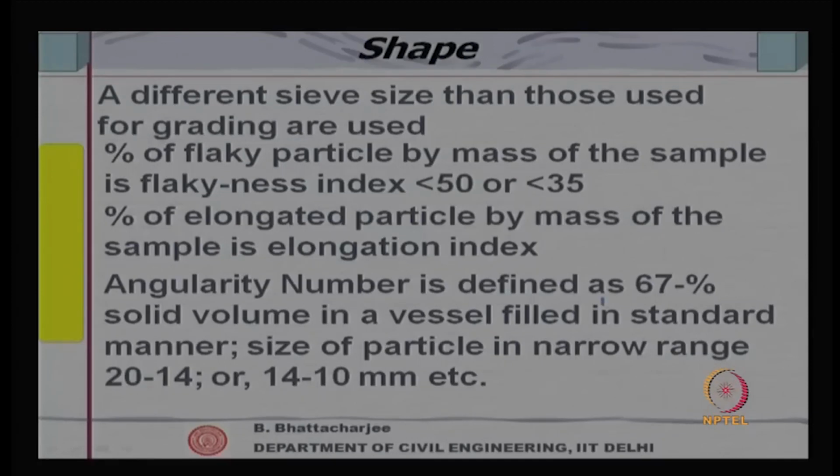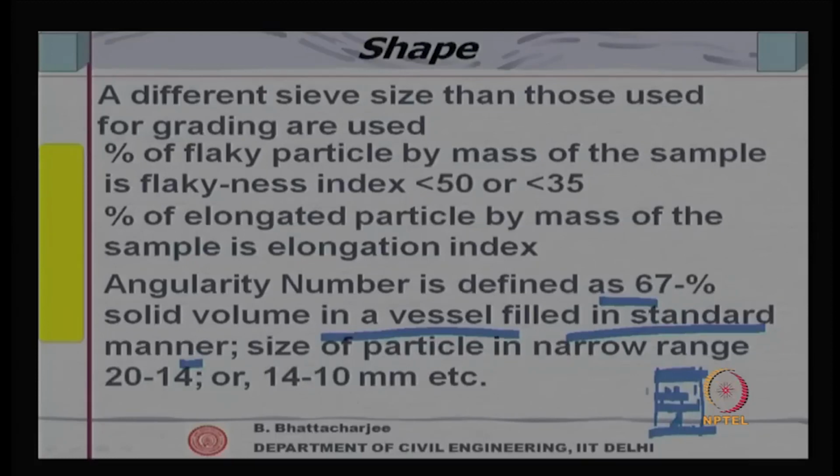Angularity number is defined as 67% minus the solid volume in a vessel filled in a standard manner. This is another definition trying to define the shape. You fill a container with aggregate in 3 layers, packing it in 3 layers, and the volume of the vessel is known by filling it with water.